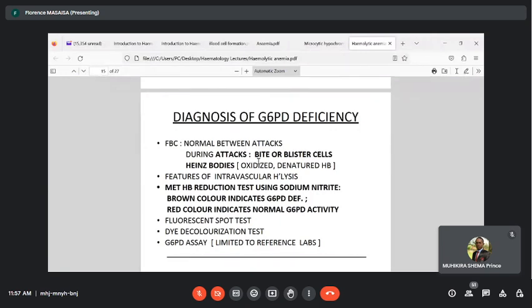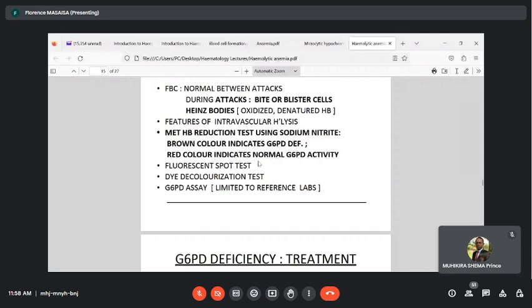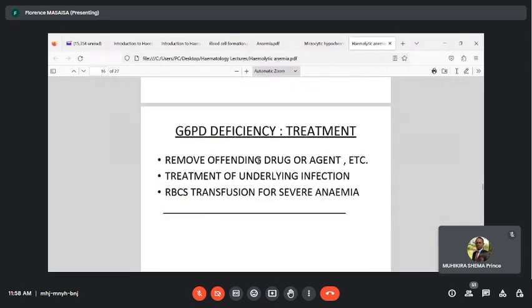They have features of intravascular hemolysis. Then you should also test for the G6PD assay, which will tell you the level of G6PD. You can use a fluorescent spot test and a decolorizing test, which again measure the level of these enzymes.